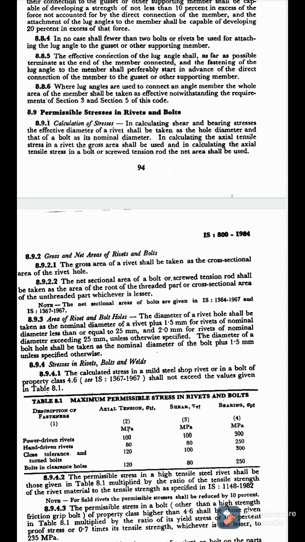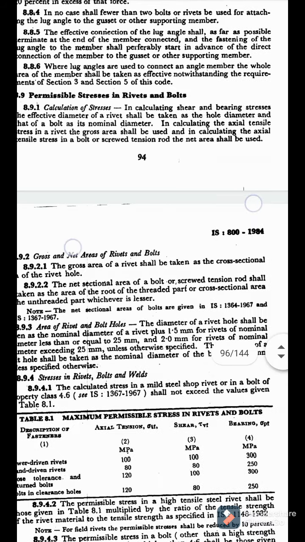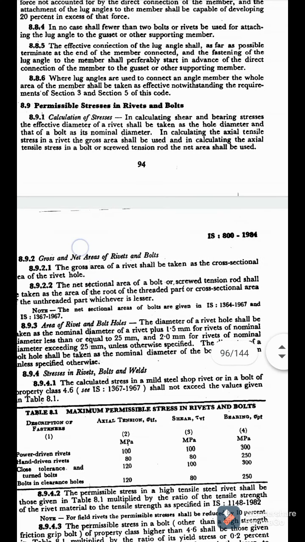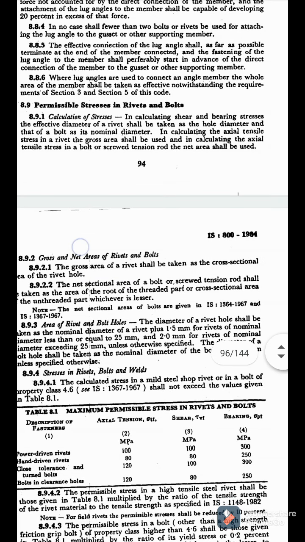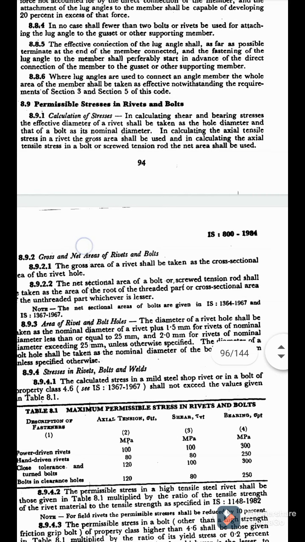In calculating the axial tensile stress in a rivet, the gross area shall be used; in calculating the axial tensile stress in a bolt or screwed tension rod, the net area shall be used.